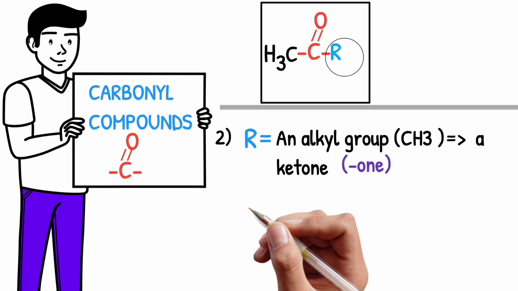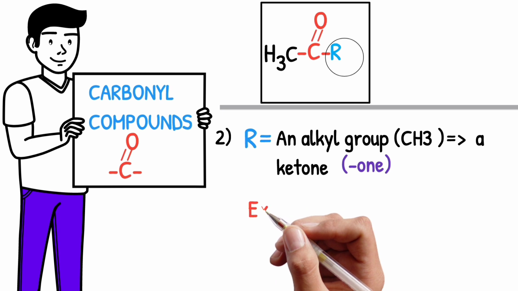But for this example, we are going to replace it with a methyl group. And when you replace your R with an alkyl group, be it a methyl, ethyl, propyl, or whatever, it gives you a ketone.